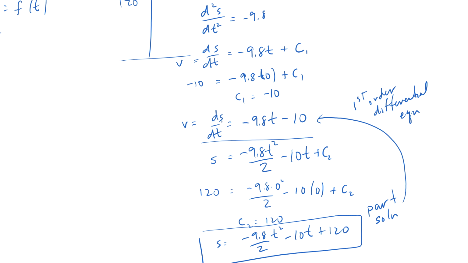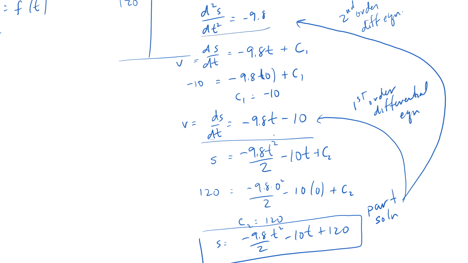First order means it's the first derivative, and it's a particular solution for this second order differential equation. Okay, so we've got second order differential equations, first order, a particular solution, and we go from there.